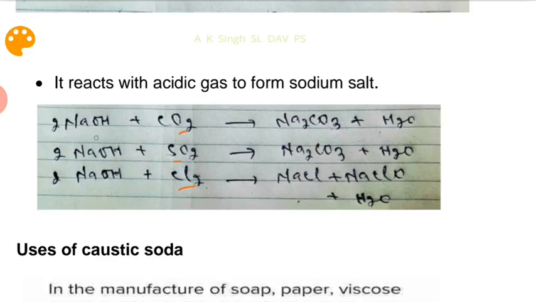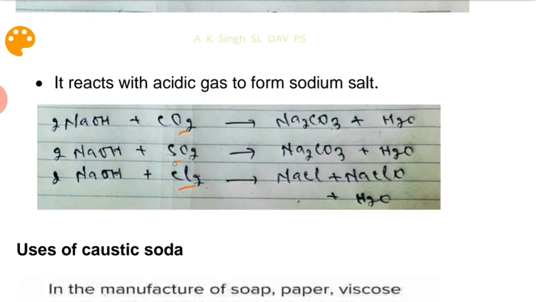So when carbon dioxide is passed in an aqueous solution of sodium hydroxide, then sodium carbonate is formed and water is also formed.